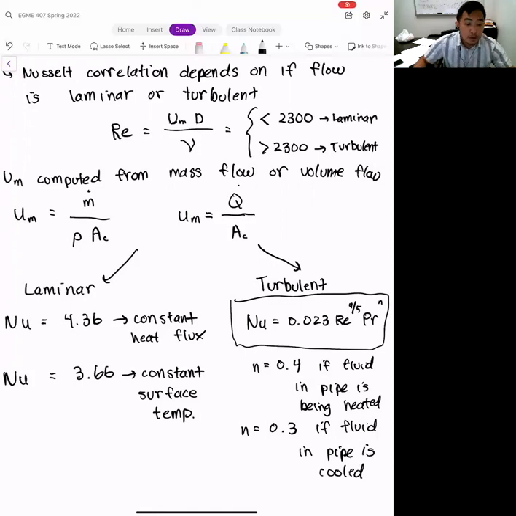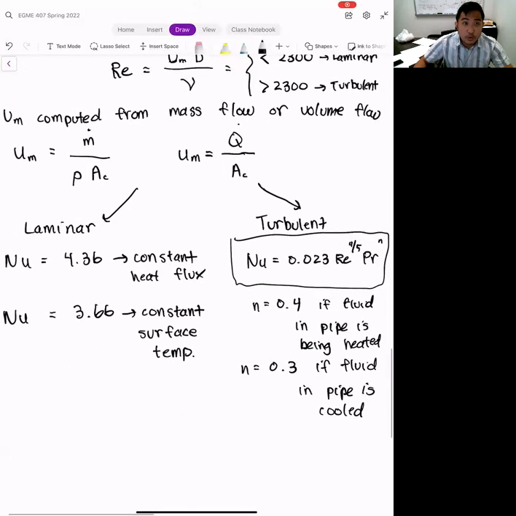That's the Nusselt correlation that you would use if you had turbulent flow for internal flow. I know there's a lot of information in the internal convection notes, but these are the most important ones that I want you to know.